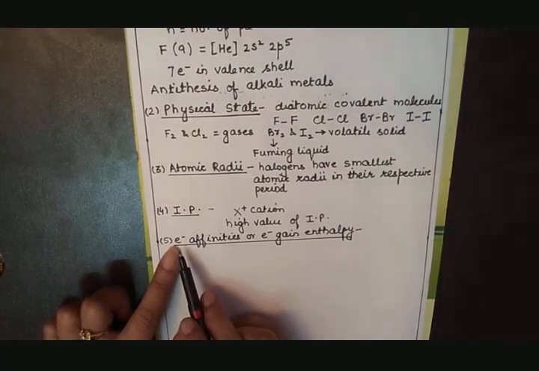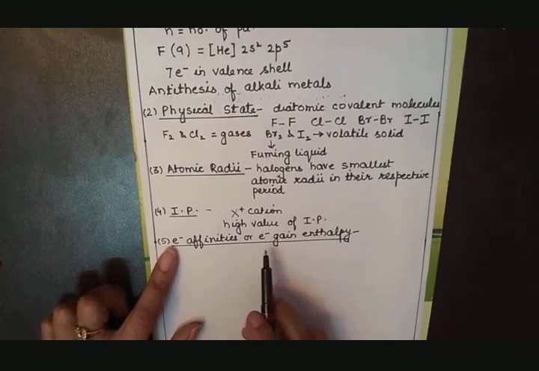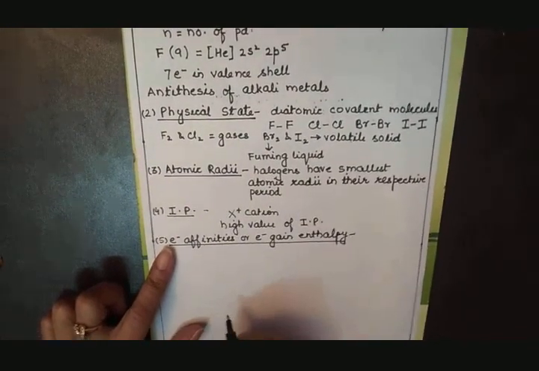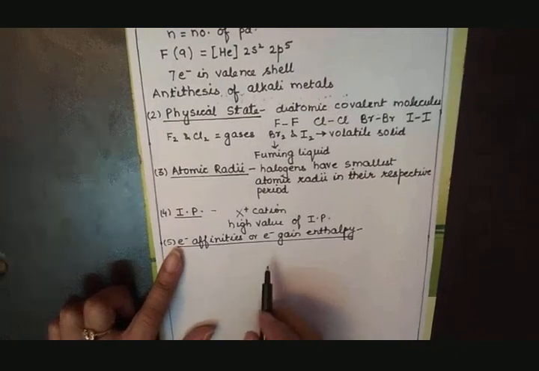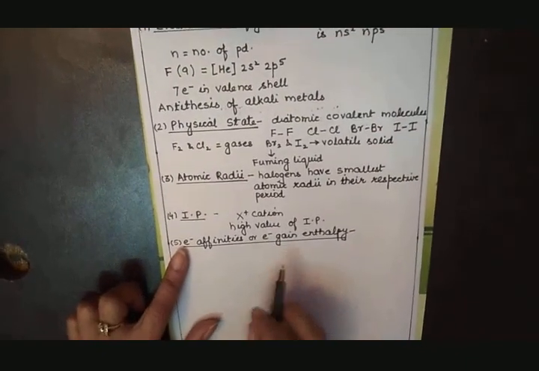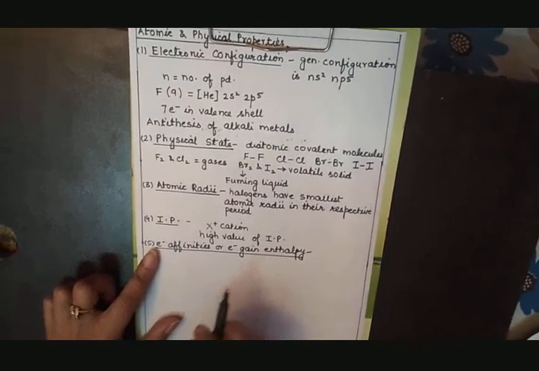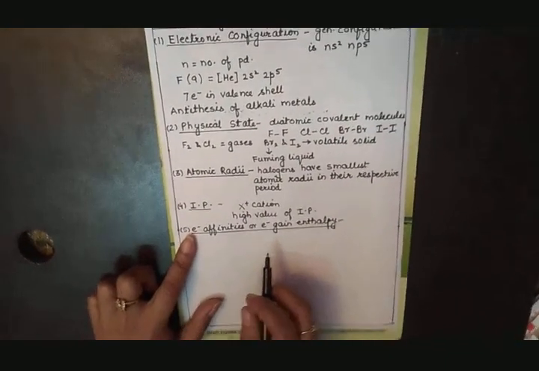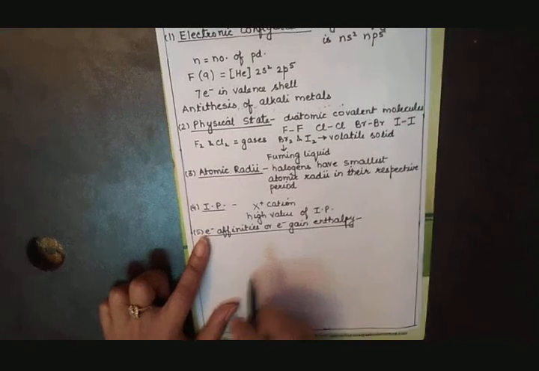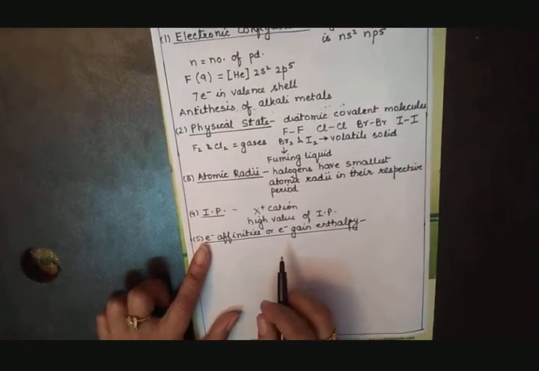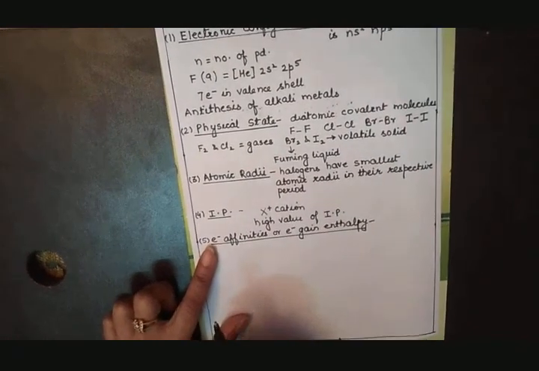Now the next property is electron affinity or electron gain enthalpy. What is the definition of this property? It is the energy change that occurs when an electron is added to an isolated gaseous atom to form an anion.